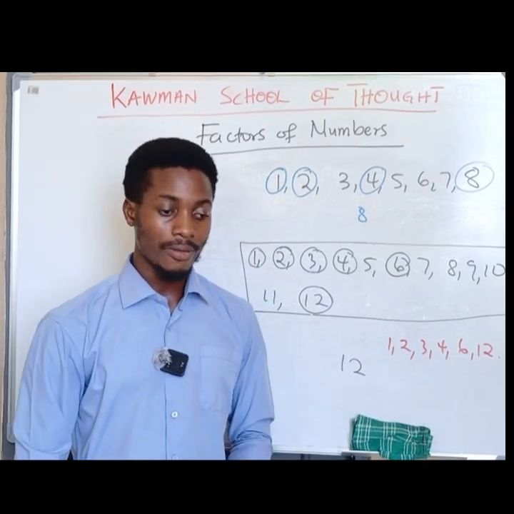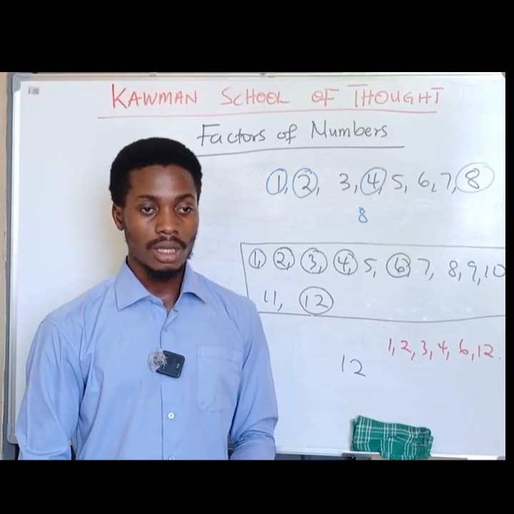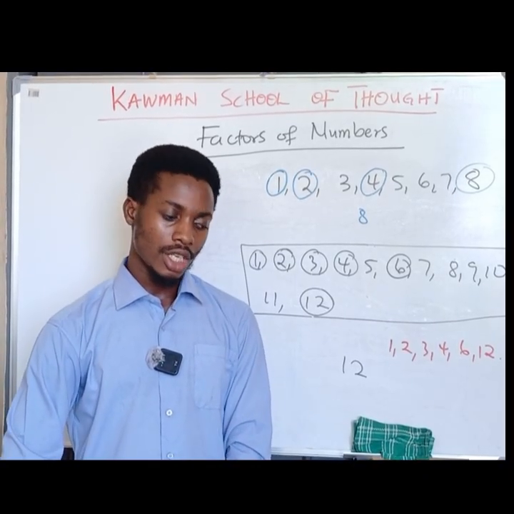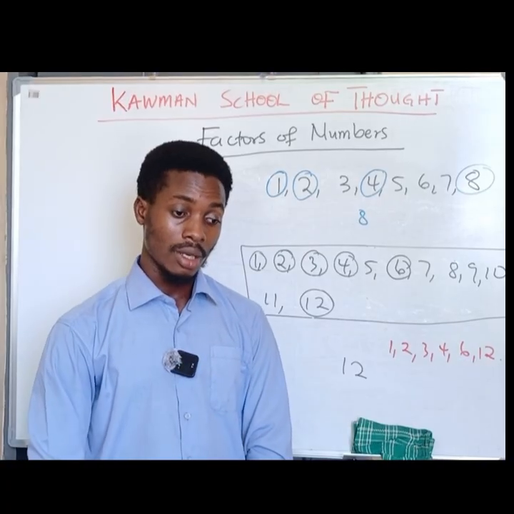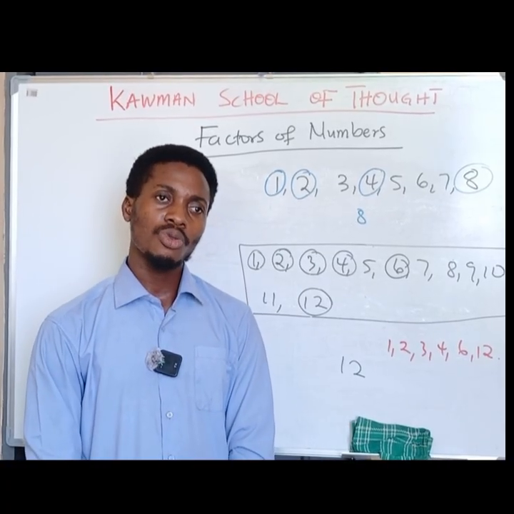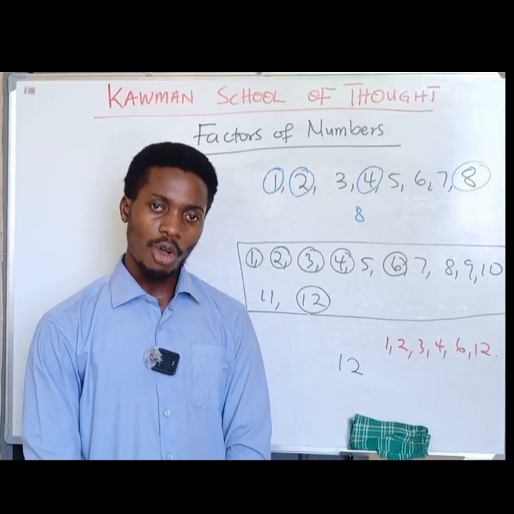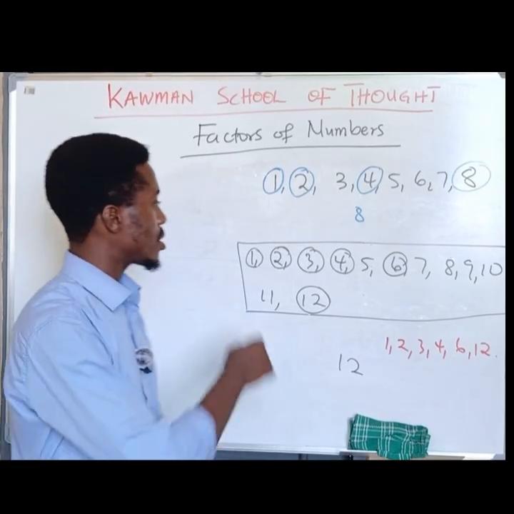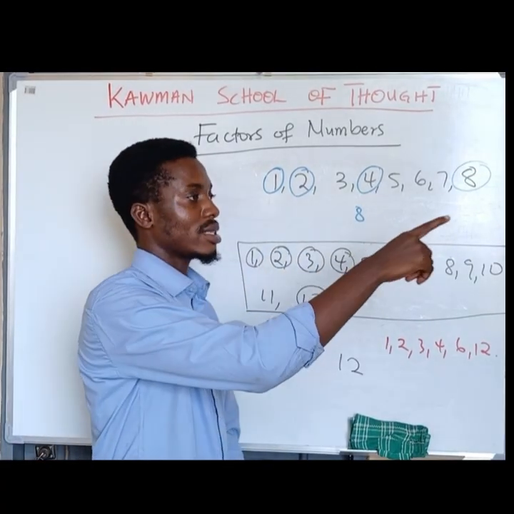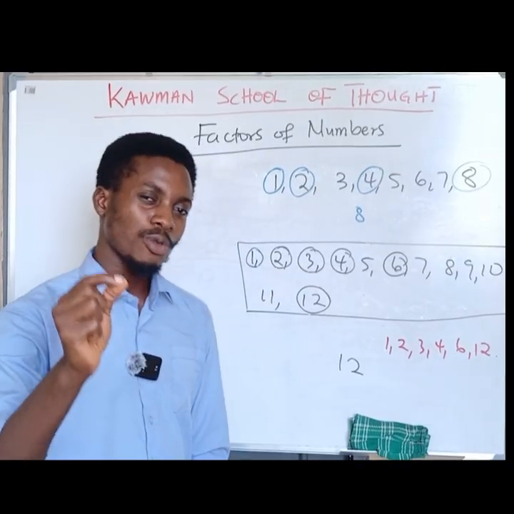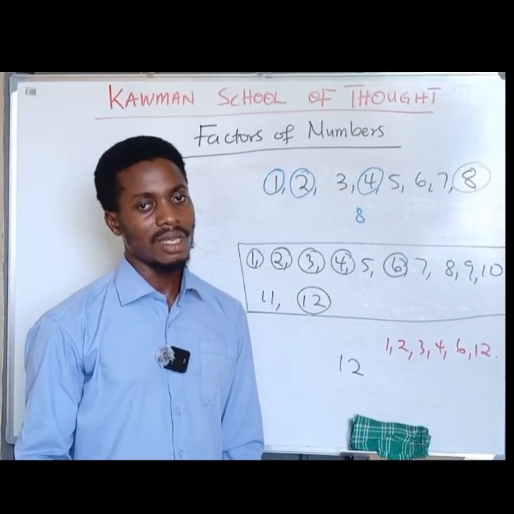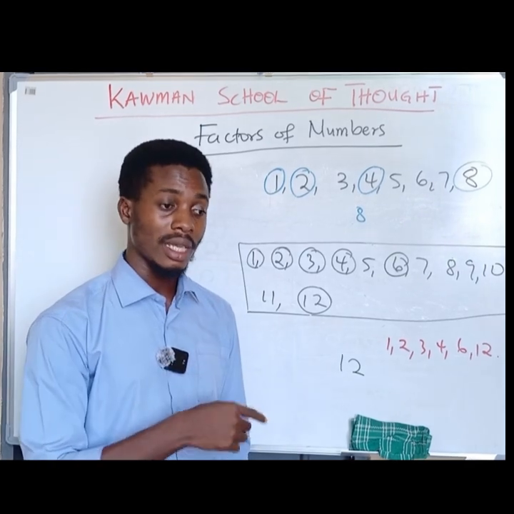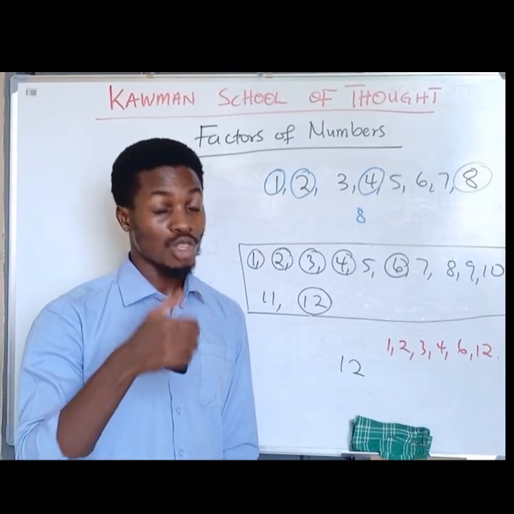Now I was enjoying this method so much. I was using it for smaller numbers less than 20, and it was working so well. But the limitation to this method is, what if I'm supposed to find all the factors of 48? Am I going to write 1, 2, 3, 4, 5, 6, 7, 8, 9, all of them up to 48? Look at the time I'm wasting in doing that, and also it's not going to be effective.